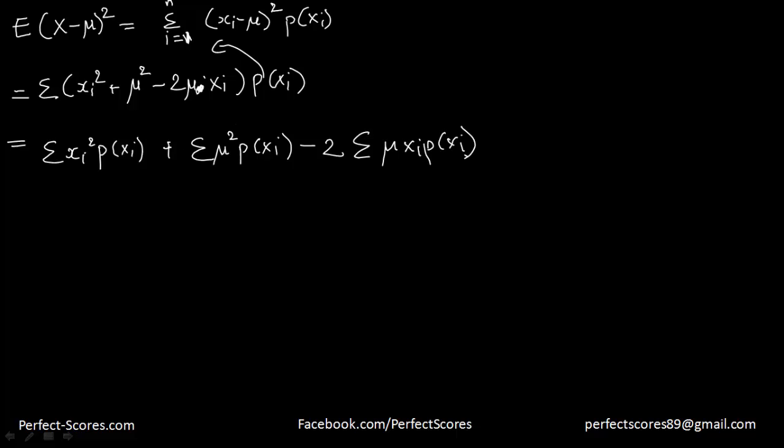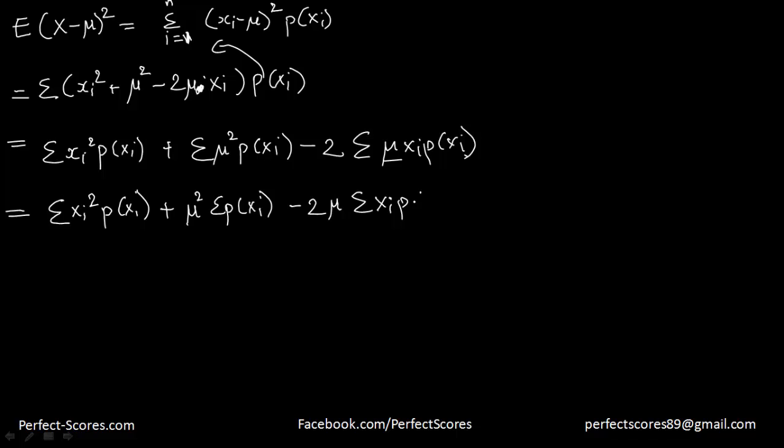Whenever we do the summation of a constant, that constant comes out. So we're going to have the summation of xi square into the probability, plus mean square into summation of p of xi, minus 2 into mean, which is a constant, so mean is going to come out, into summation of xi into p of xi.